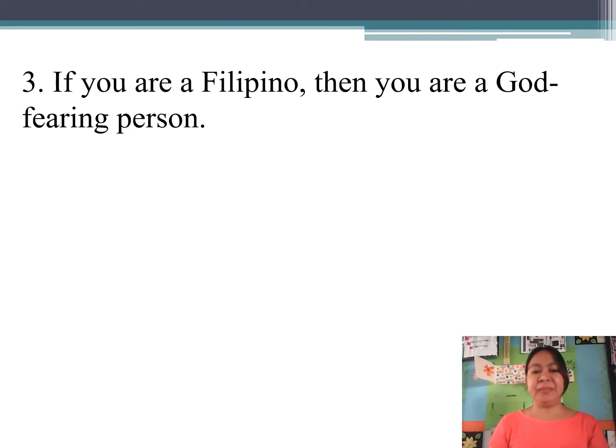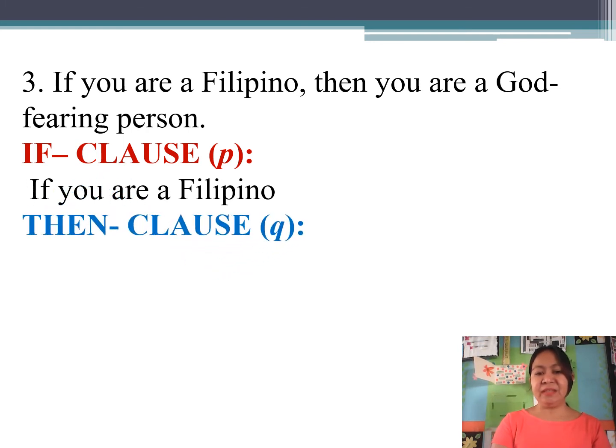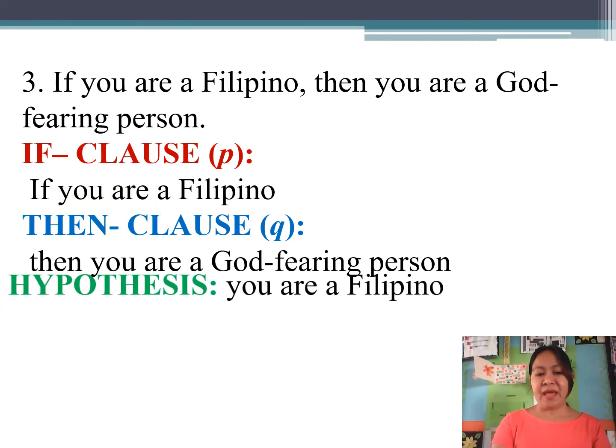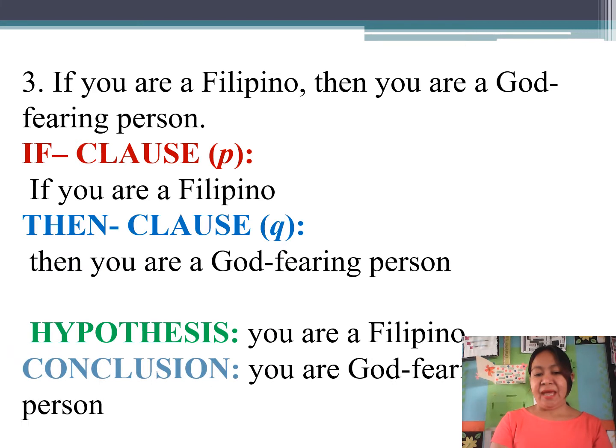Next example: if you are a Filipino, then you are a God-fearing person. Our if clause P: if you are a Filipino, then the then clause Q: then you are a God-fearing person. Hypothesis: you are a Filipino, and the conclusion: you are a God-fearing person.